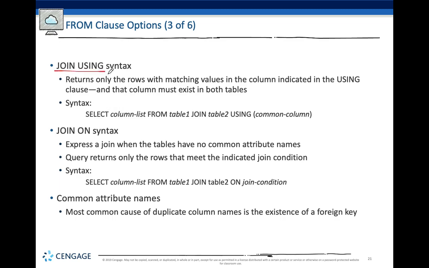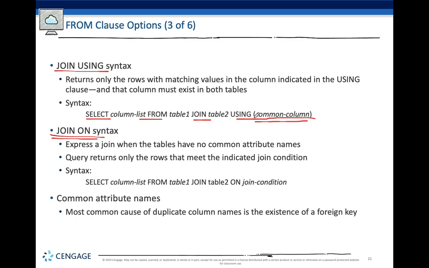So now there is also the join using syntax and the join on syntax. Most DBMSs use join on, and you will not see join using used in many places. Okay. So again, these two queries would join the two tables. We look at examples here, but the syntax for join using is select from table 1 join table 2 using the specific column that you want to join with, right?